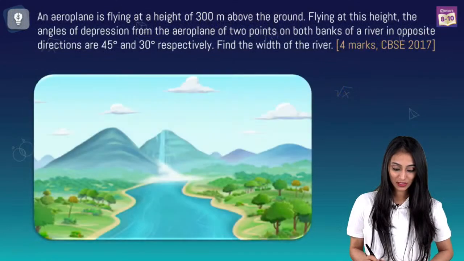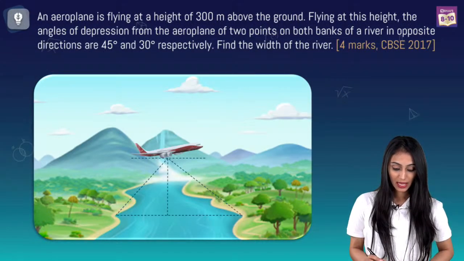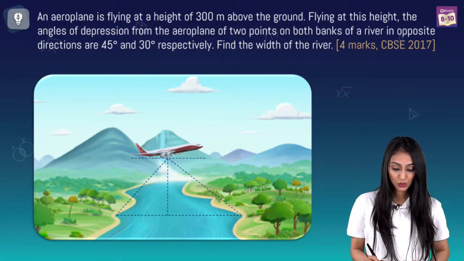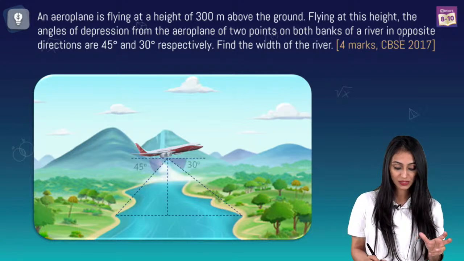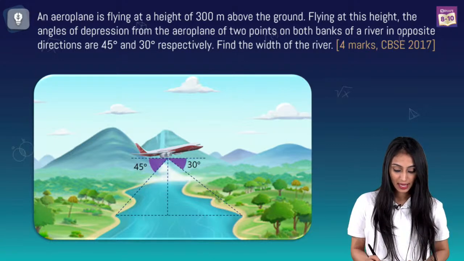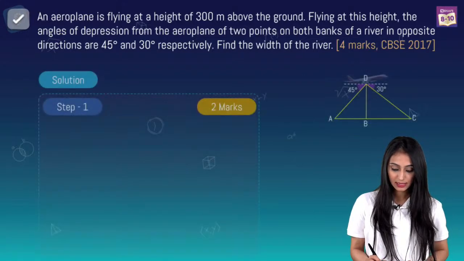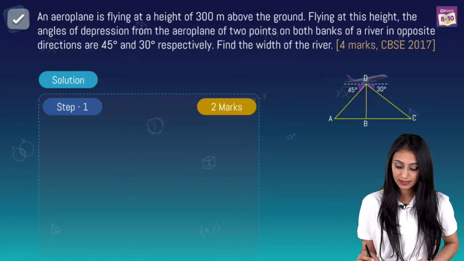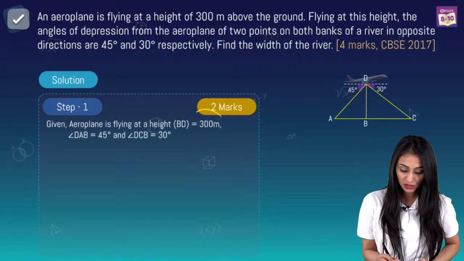All right, let's take a look at the solution. Here, this is the plane, at a height of 300 meters above the ground, and on the opposite banks of the river you can see the angles of depression formed are 45 degree and 30 degree. We have labeled this figure. This height BD is going to be 300 meters.